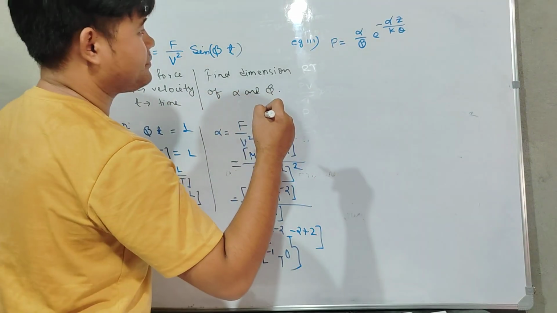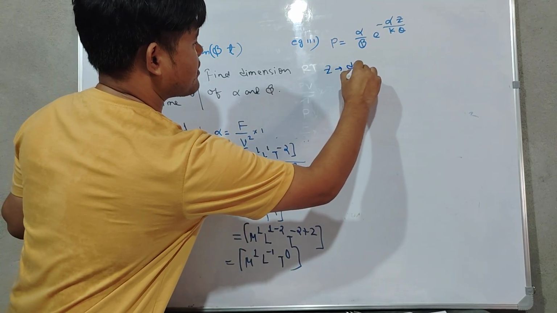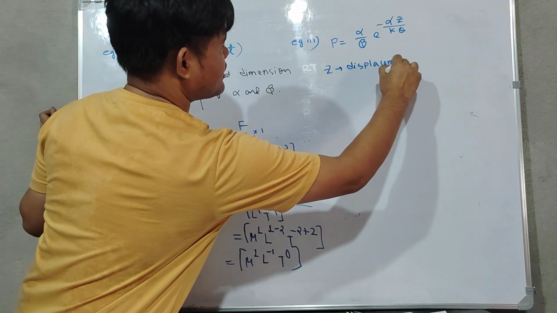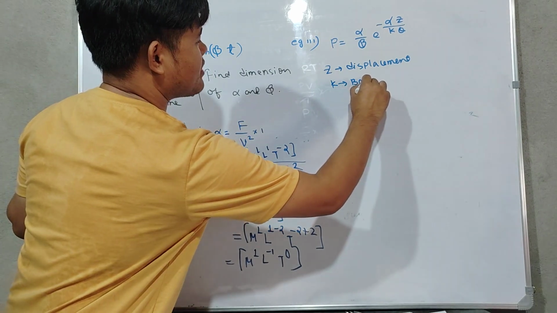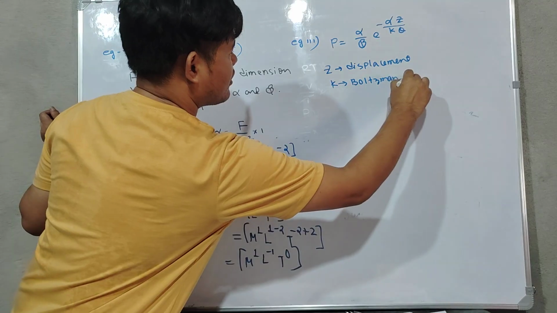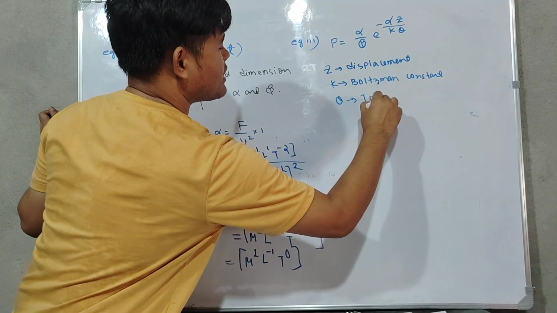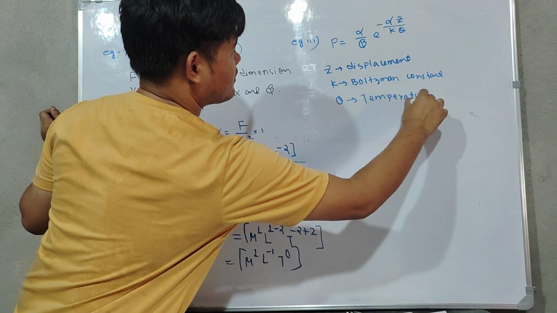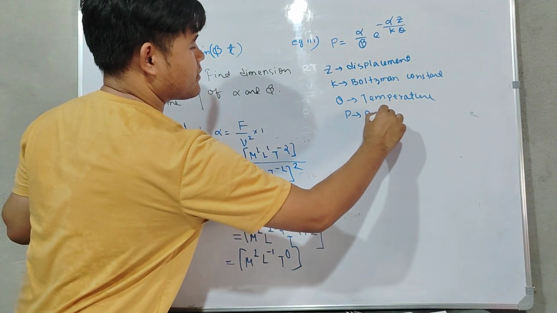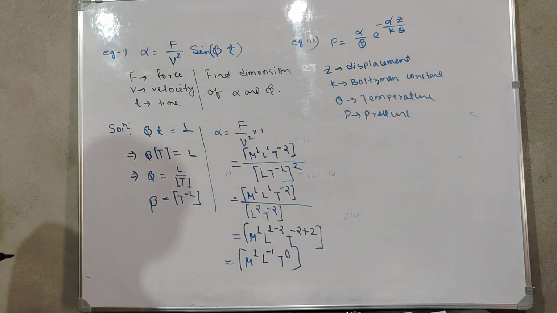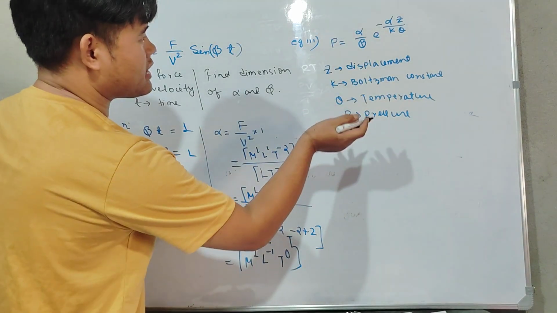Here z is displacement, k is the Boltzmann constant, theta is temperature, and P is pressure, right?